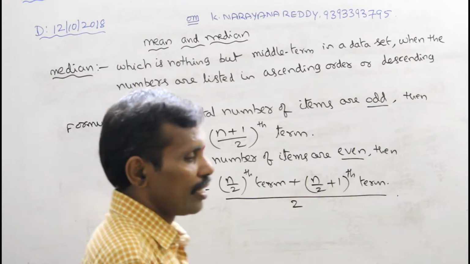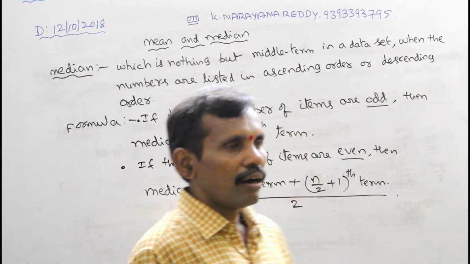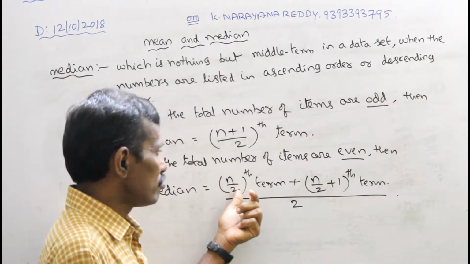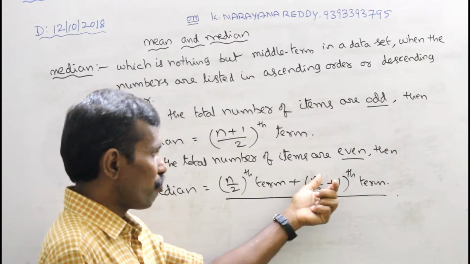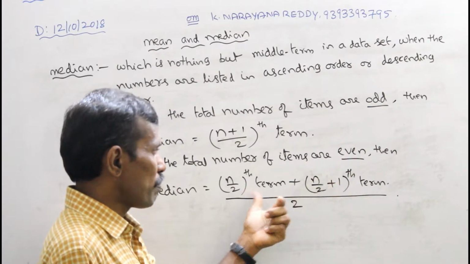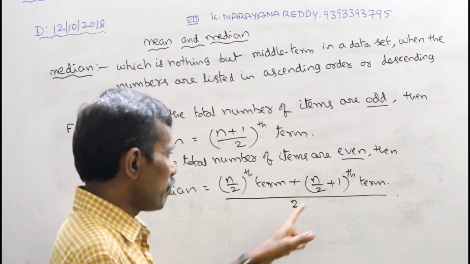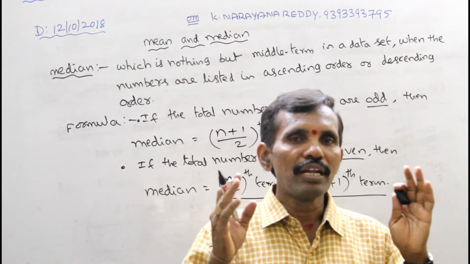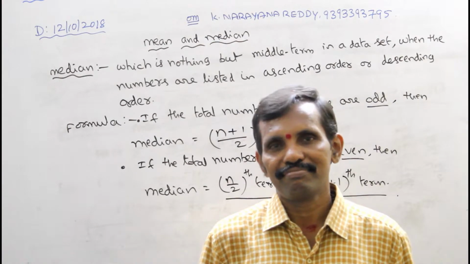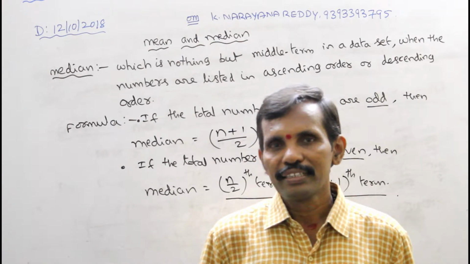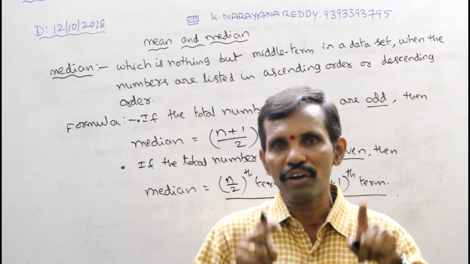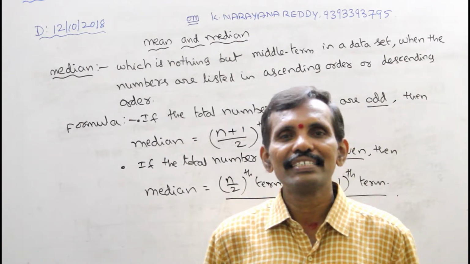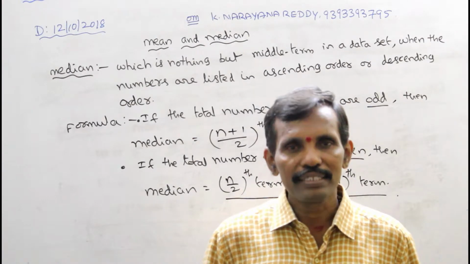Suppose 10 items are there. 10 by 2 is 5, plus 10 by 2 plus 1 is 6. 5 plus 6 is 11. 11 by 2 is 5.5. That means in the middle of the 5th term and 6th term. The average of the 5th and 6th terms is the median whenever there is an even number of items.